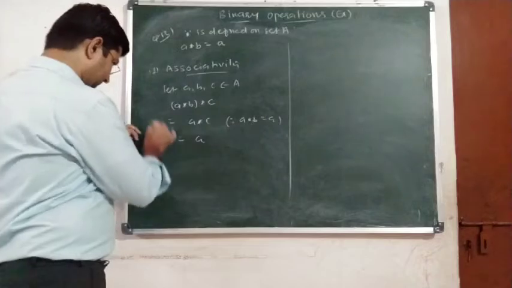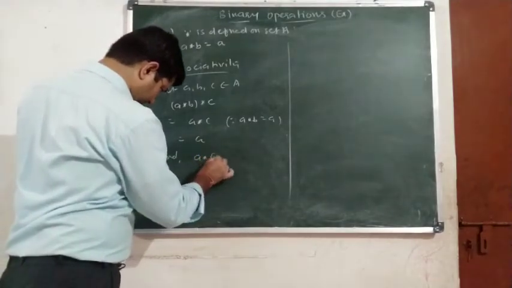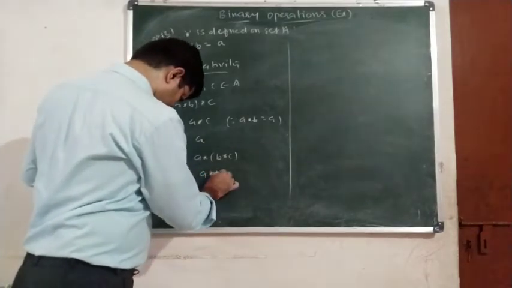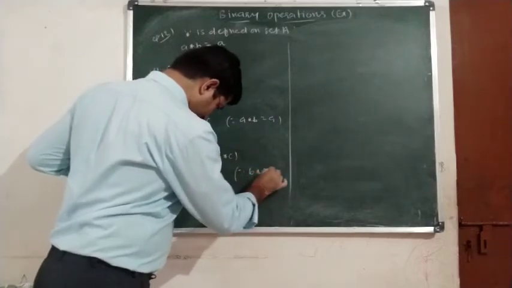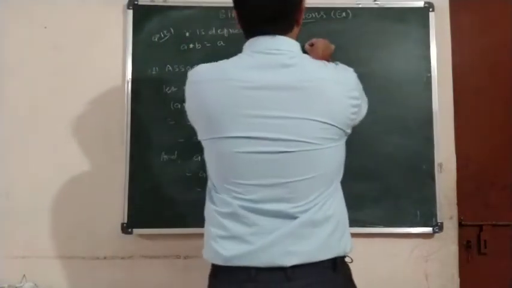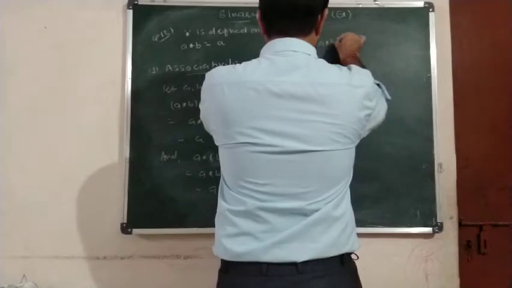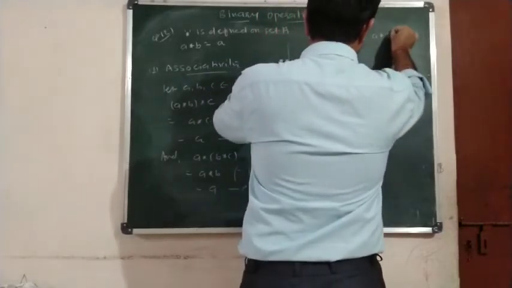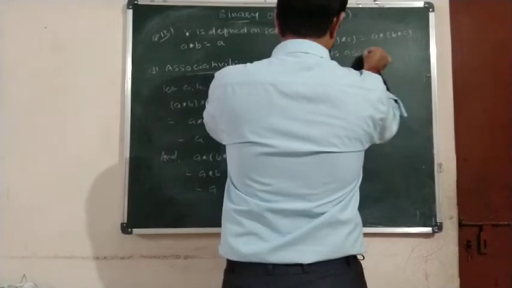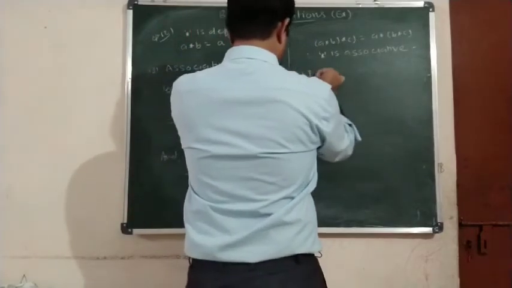Okay, and on the other side, A asterisk B asterisk C is equal to A asterisk B, since B asterisk C will be equal to B by definition, and finally will be equal to A. Therefore we can write from these two results that A asterisk B asterisk C is equal to A asterisk B asterisk C grouped the other way, and therefore the given operation is associative.